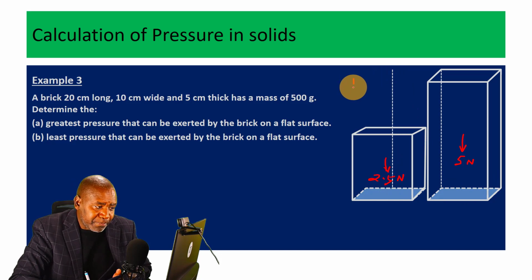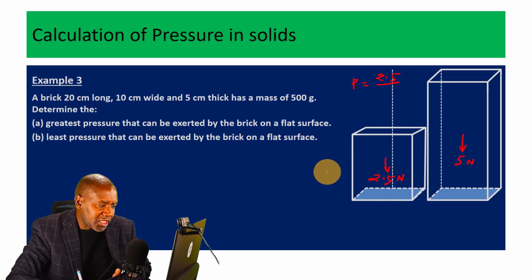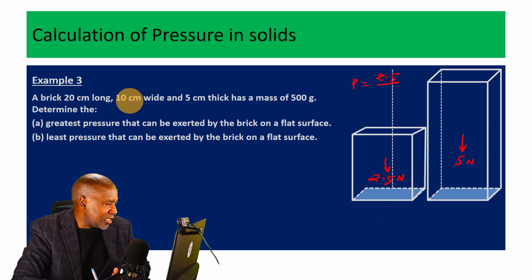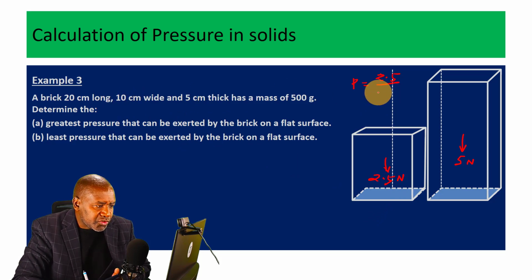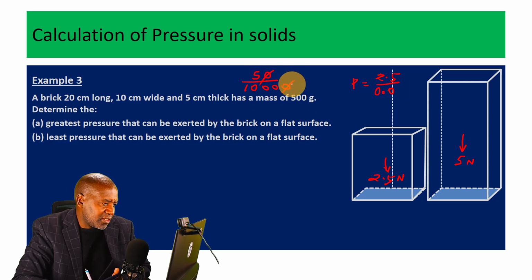When I calculate pressure here, which is force, 2.5 divided by the area of contact, the area of contact is still 0.005 because it was 50 centimeters squared divided by 10,000, 0.005.